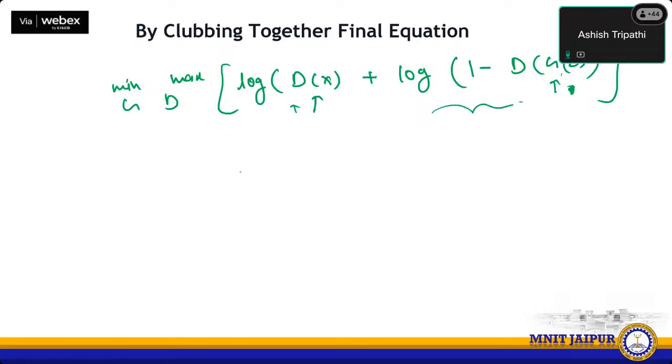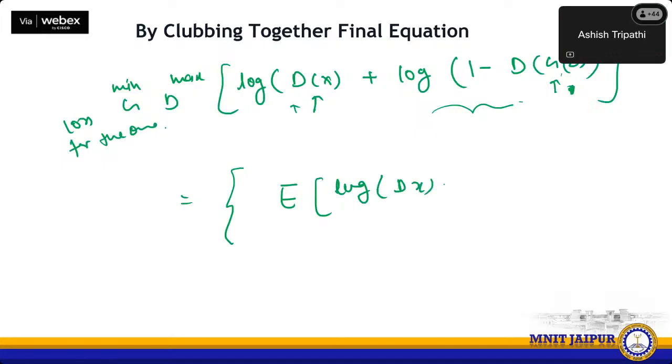So we are not talking about one sample, rather this is the loss for one sample. We have to minimize the cumulative loss. So if I talk about the cumulative loss, we can say that it is basically the sum of log of D(x).